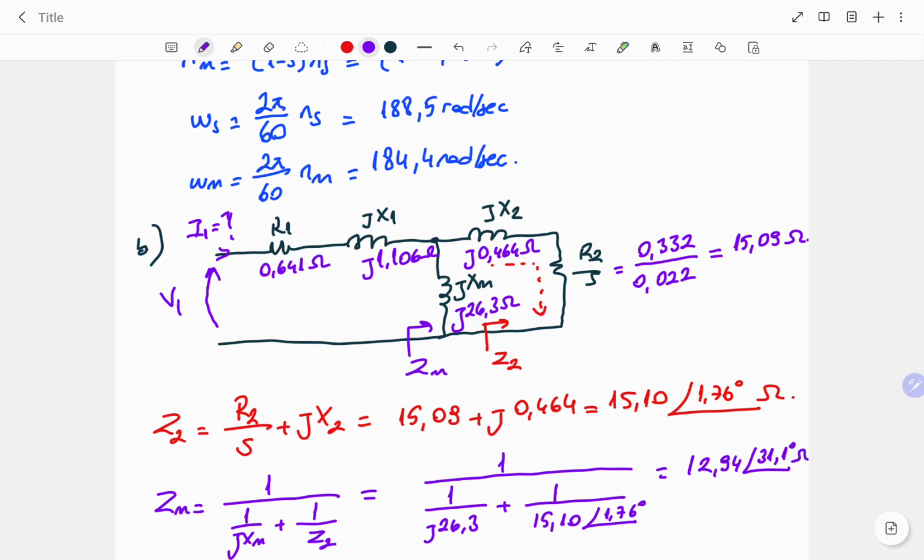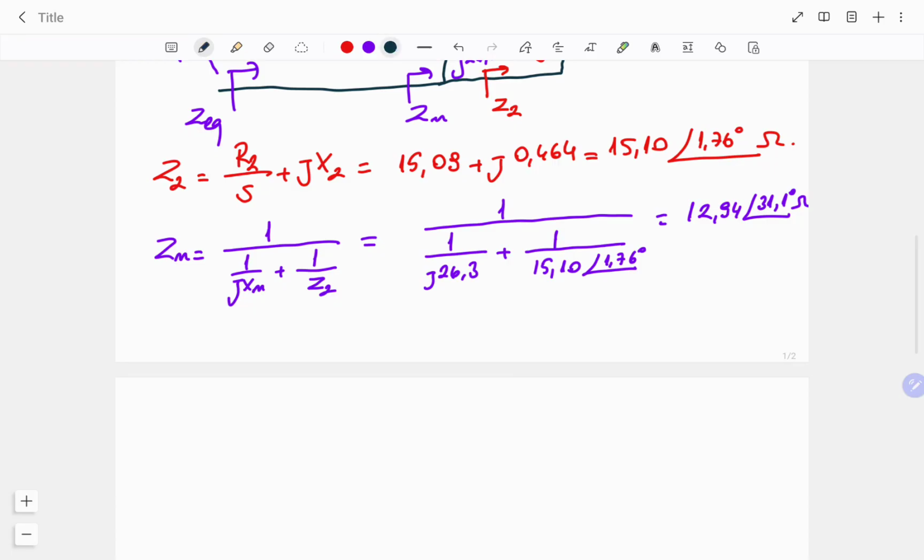This is the ZM, so the right side parallel connection is calculated. Now, the total equivalent impedance of the system can be calculated. How? With the series connection of R1, X1 and ZM.